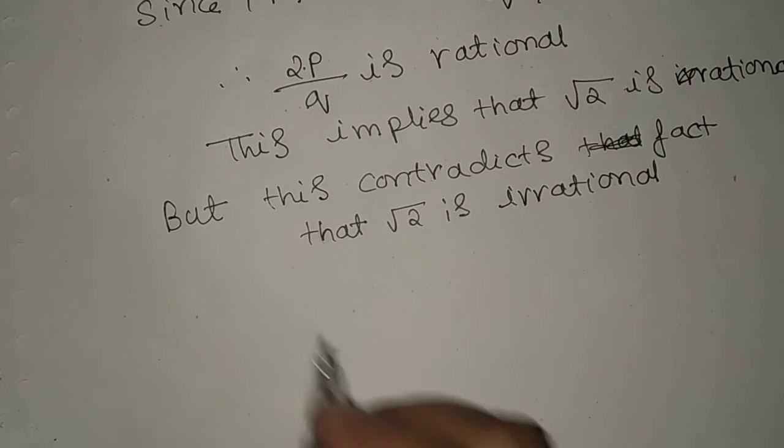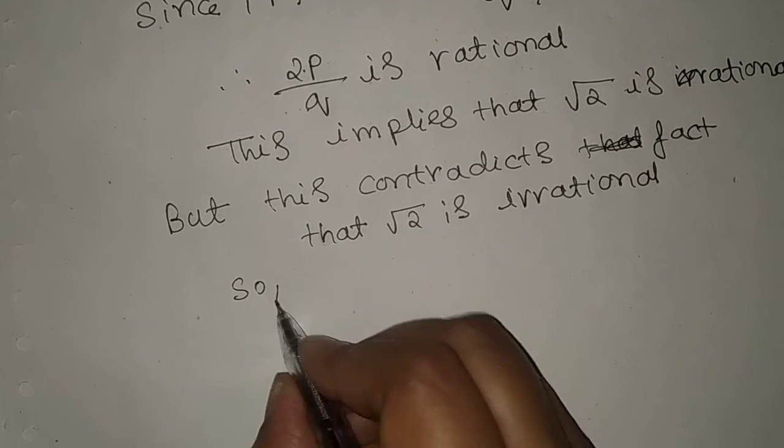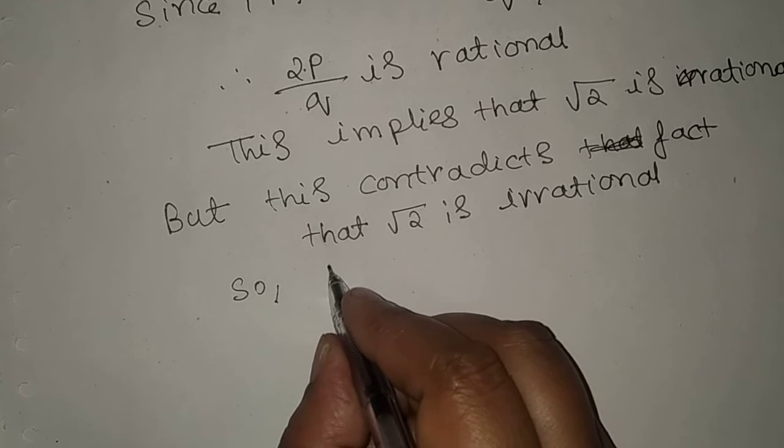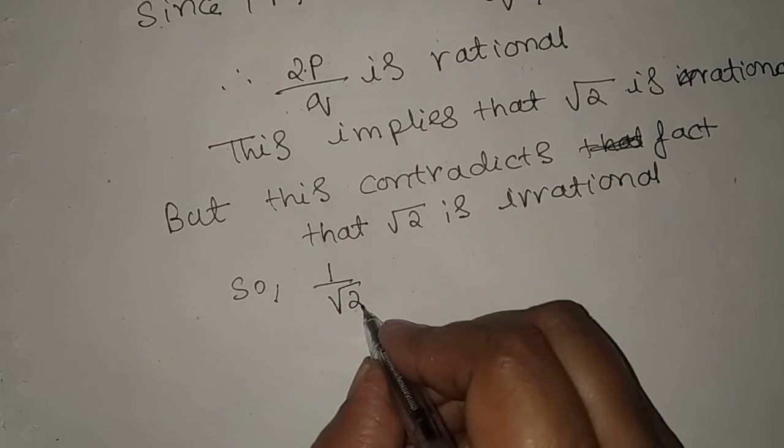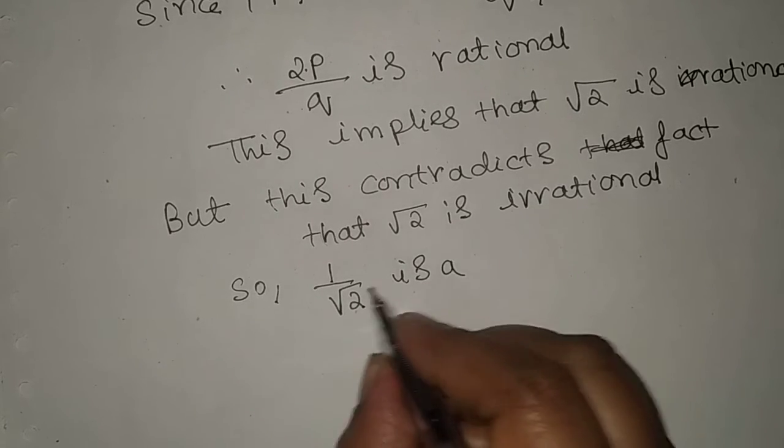So finally, what is the conclusion? 1 by root 2 is irrational.